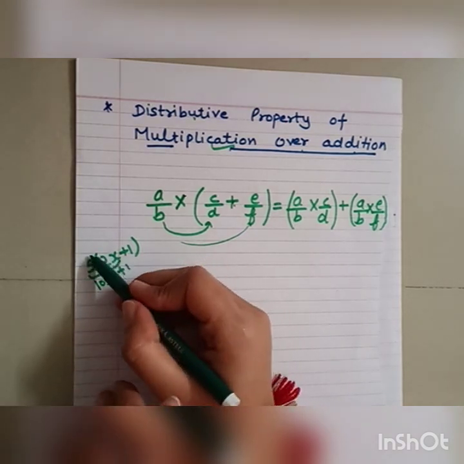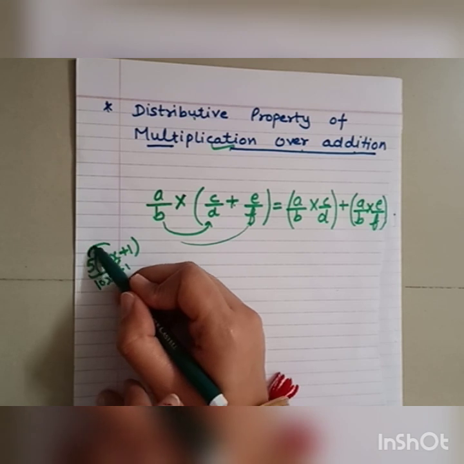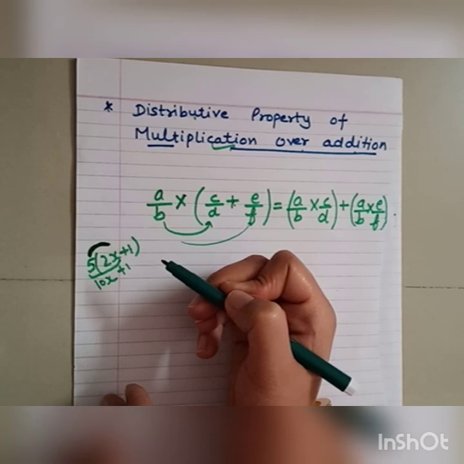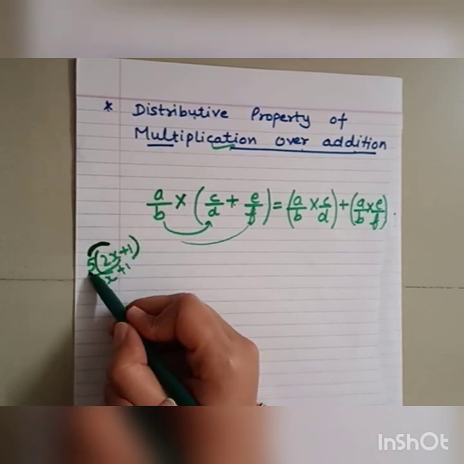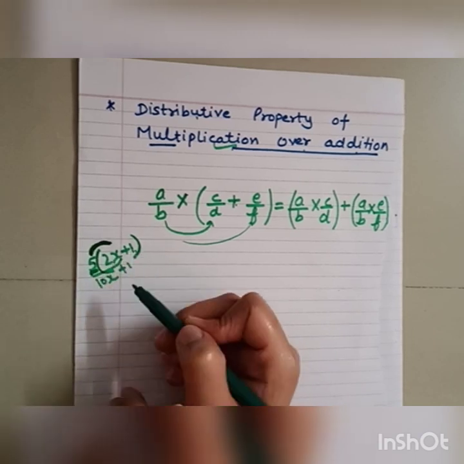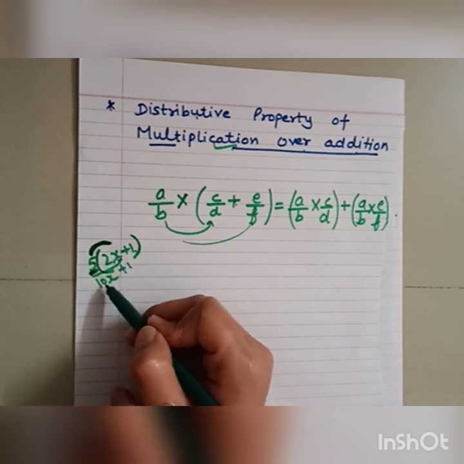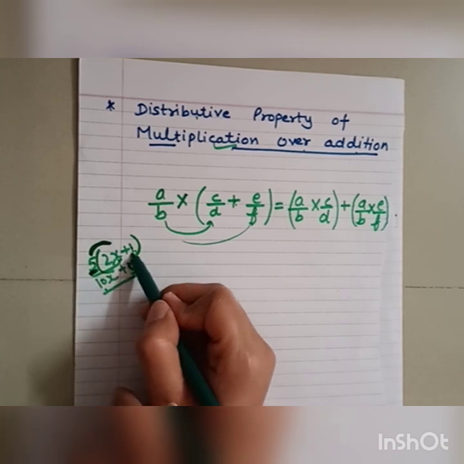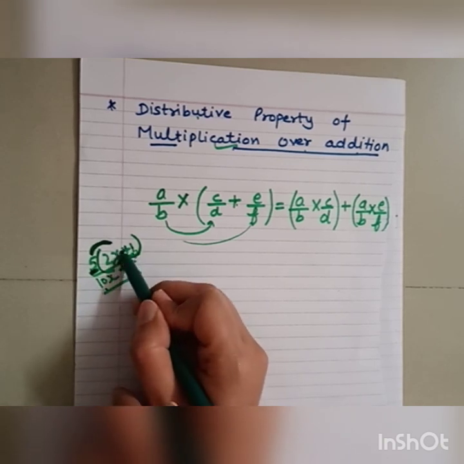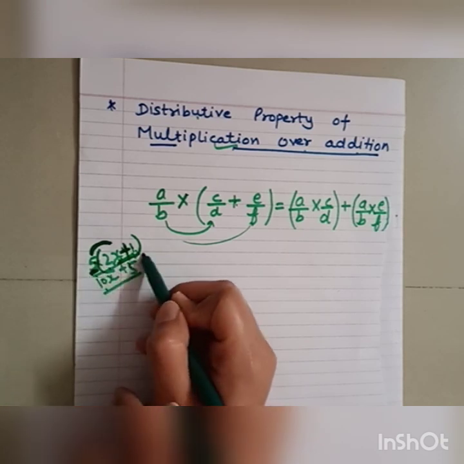You don't multiply this value, you don't distribute the 5 to both the numbers, because this is in brackets and 5 is multiplied with both these numbers. So how can you solve this: 5 times 2x is 10x, then 5 times 1 is 5. Means 5 is distributed over both numbers, over addition. 5 is in multiplication with both numbers.